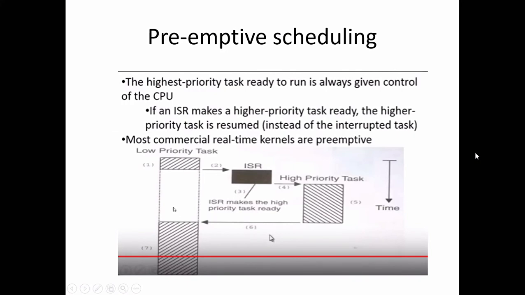Now the low priority task will be running, and the higher priority task will be blocked because it has finished its task. Okay, this is preemptive scheduling.